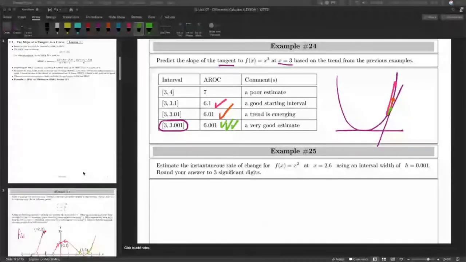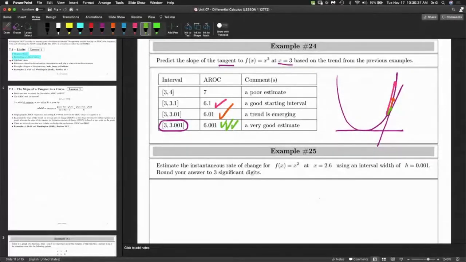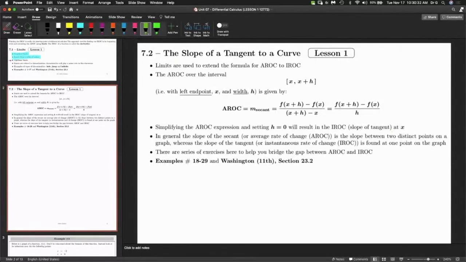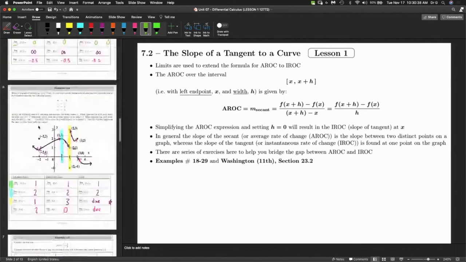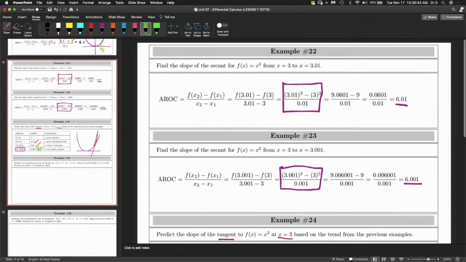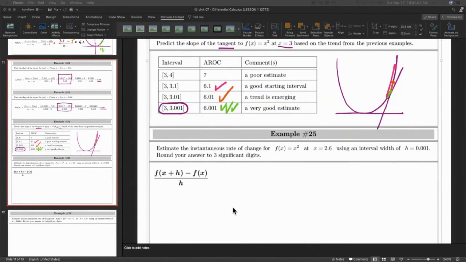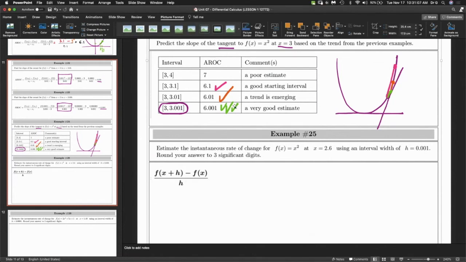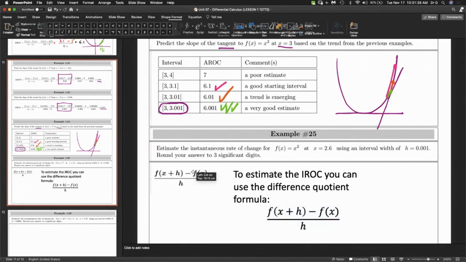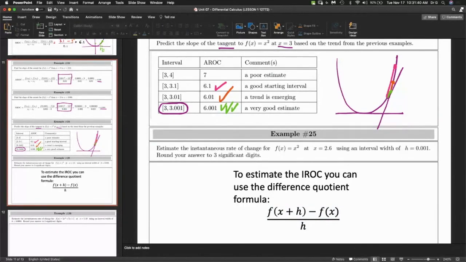And it goes like this. It's this formula here. So I'm just going to put the formula here, okay? So that is how you do an estimate for the instantaneous rate of change. And I'll explain what these quantities are in a second.